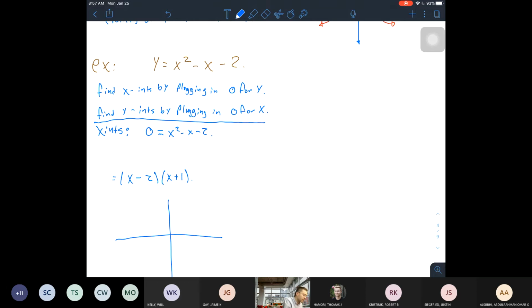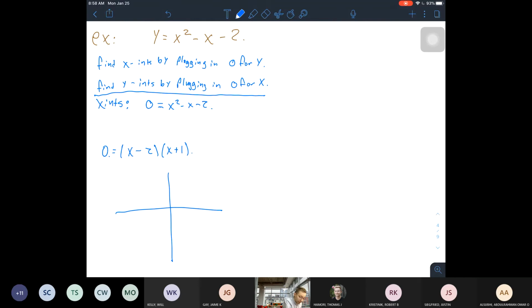In our case, we factor the expression on the right-hand side, and we can find the x values which cause us to have an X-intercept. They're going to be x equals 2 or x equals -1. So these are the x values where we have an X-intercept.